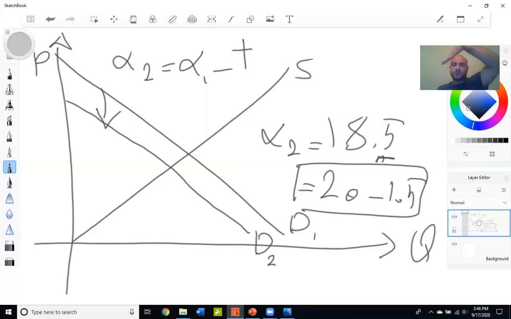The curve would just shift down because it's a bad thing. Nobody likes to pay taxes. Remember, bad things would shift demand curves down. Bad news for the market, when you have some bad news happening, which shifts the people out of the market, your demand curve would shift down.